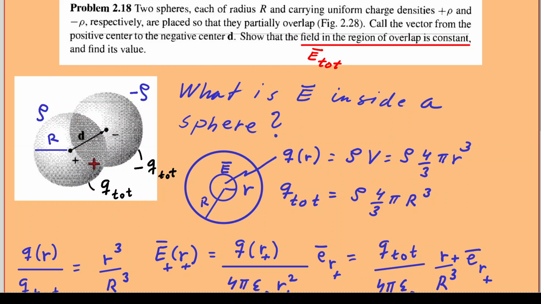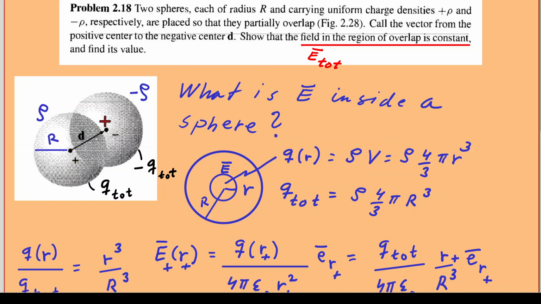So this region is neutral. And we realize if you completely overlap those two spheres, then everything is neutral and the electric field everywhere must be zero, inside and outside.